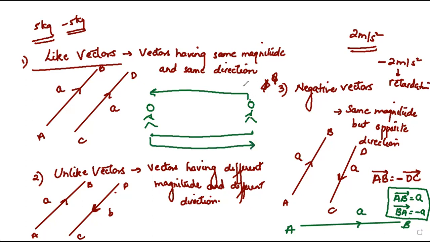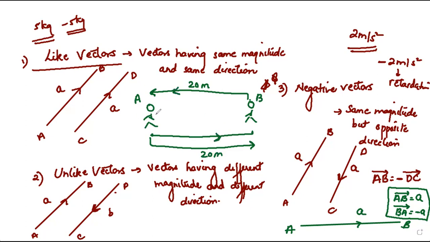Let me name them A and B. If B is moving 20 meters towards here, then A will also travel 20 meters. But they both are moving in opposite directions.